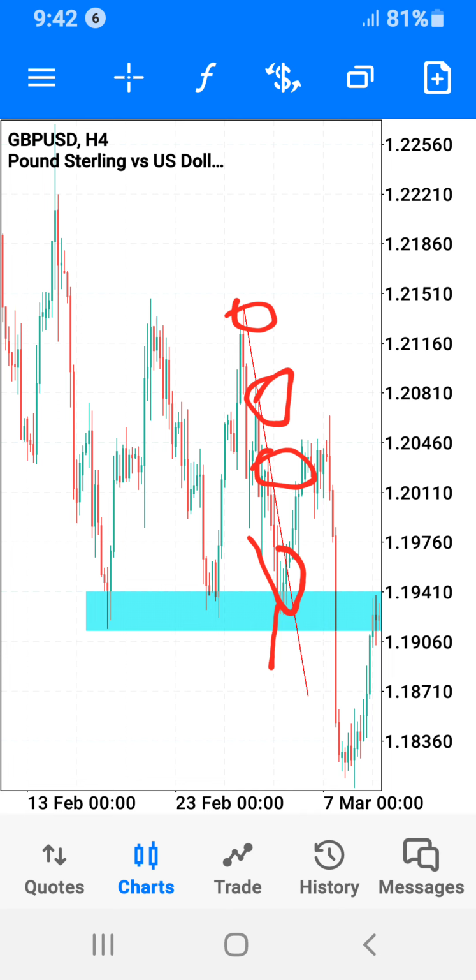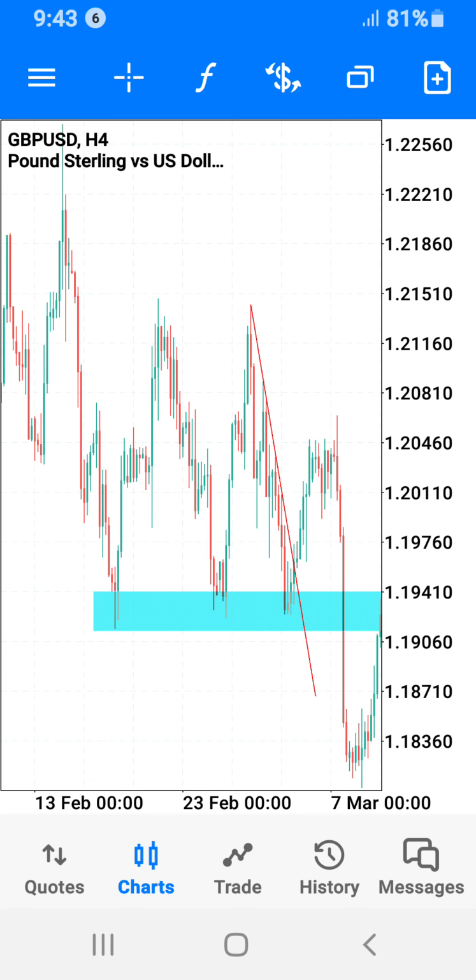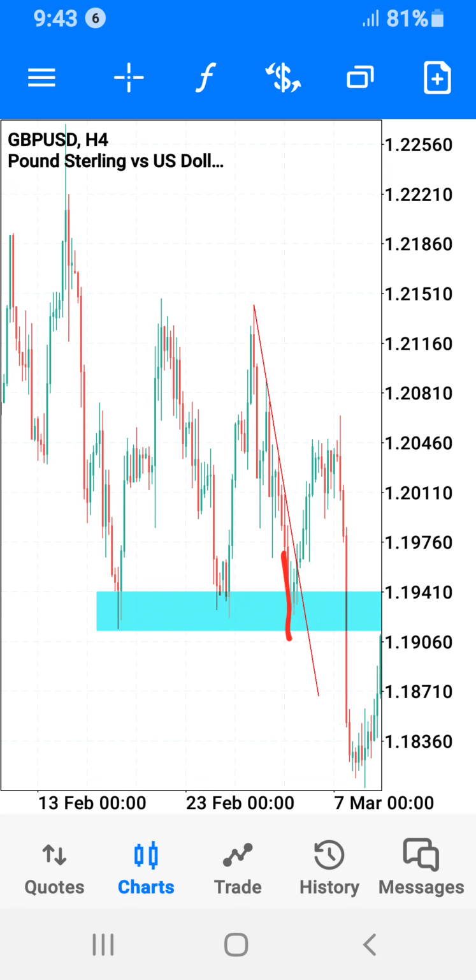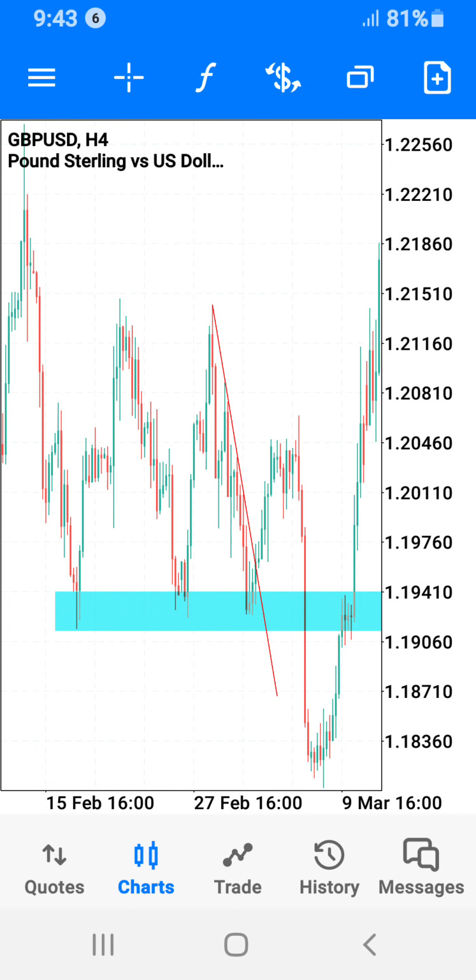If it gets here and breaks this resistance, we know the resistance turns support, and we'll be anticipating to look for this sell. But if it doesn't get through here, and it gets here and starts to resist, we know it's still a bullish move, so we're just waiting.